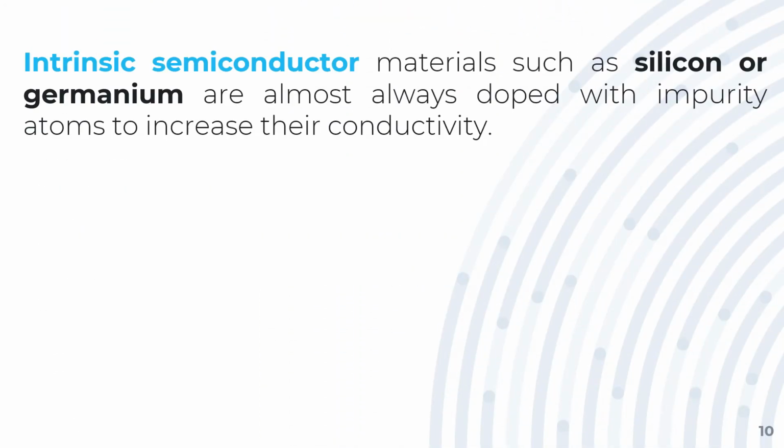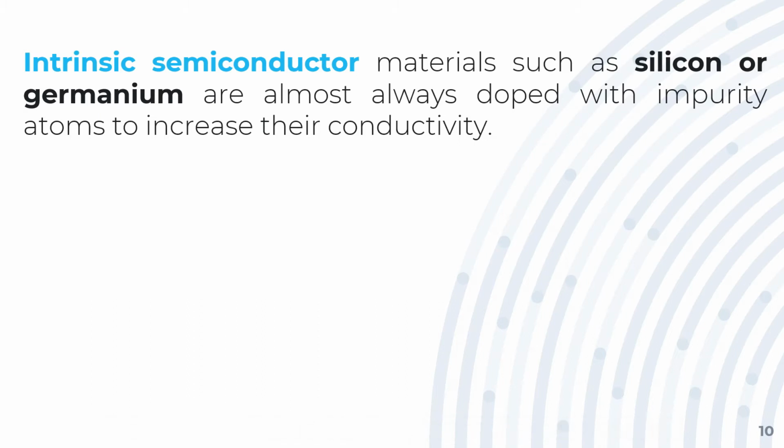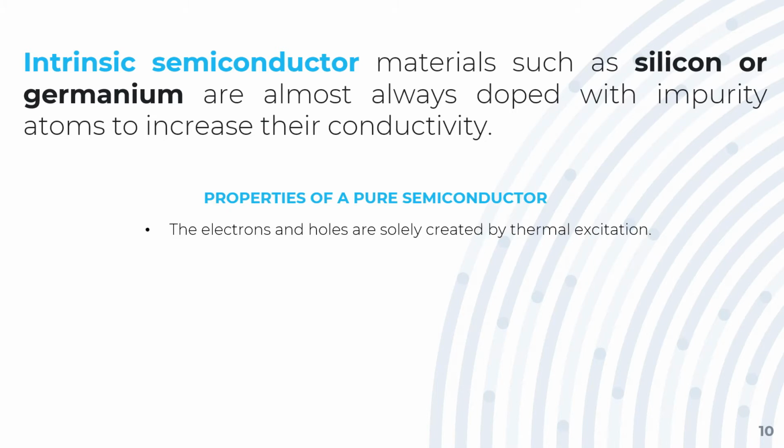Intrinsic semiconductor material, such as silicon or germanium, are always doped with impurity atoms to increase their conductivity. When we say intrinsic semiconductor, it is in its extremely pure form. These are the different properties of a pure semiconductor. Una, electrons and holes are solely created by thermal excitation.